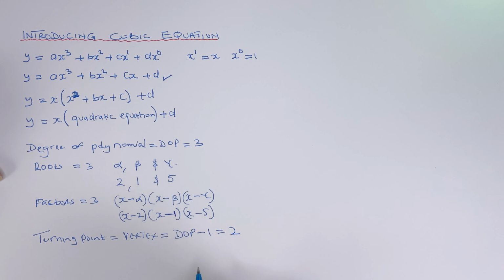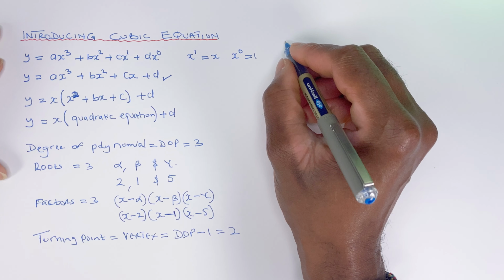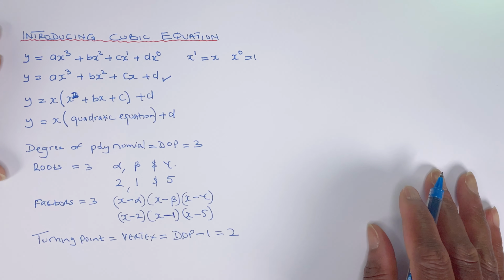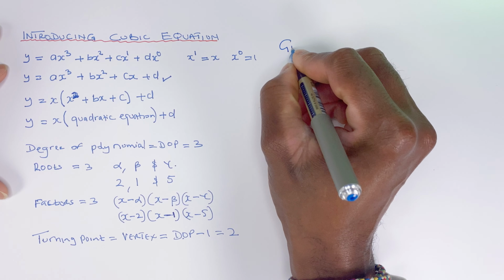In this case, 3 minus 1 is 2. So all this is pretty exciting because you get to understand how polynomial behaves. The most important thing here is the graphs. So we're going to talk about graphs.